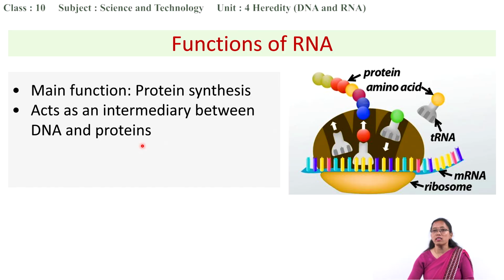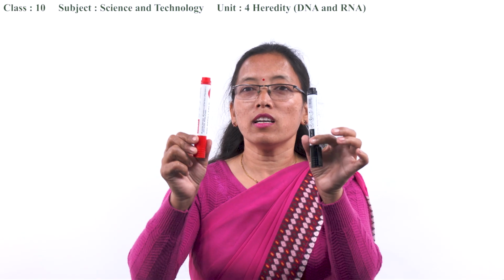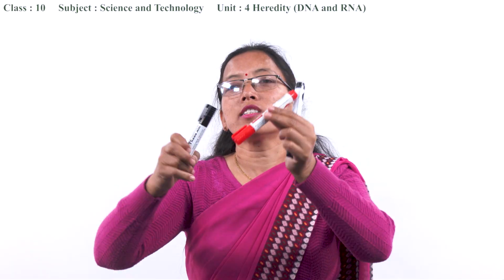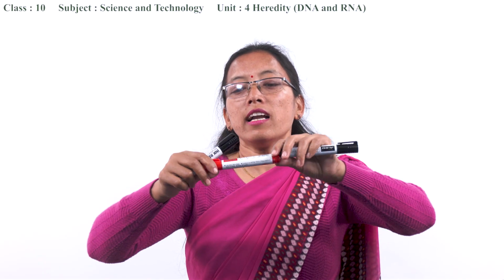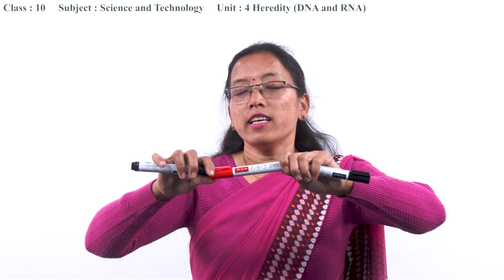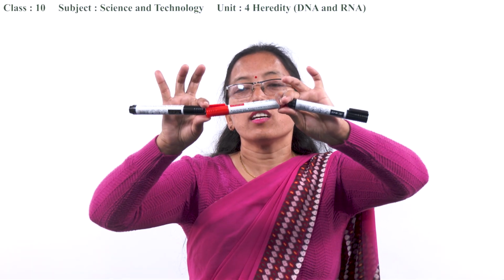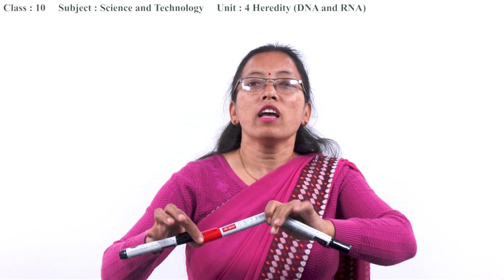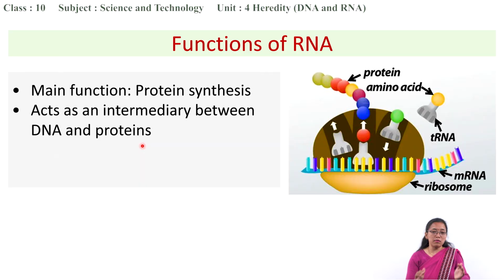So for example, this is one amino acid, another like this, they join and form a long chain just like this. In this way a long chain is formed. Here I have shown only 3, but it forms a long amino acid chain, that is called protein, which is done by these 3 types of RNA in the ribosomes.